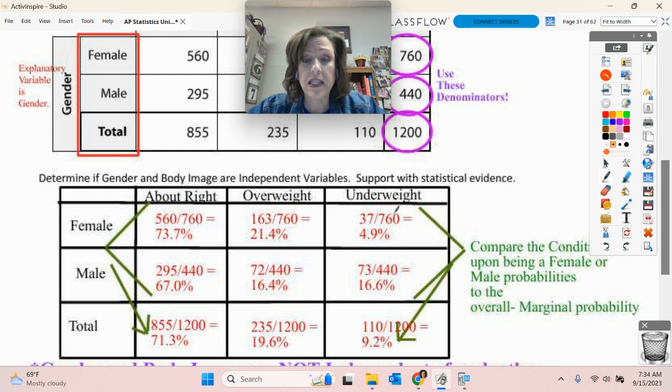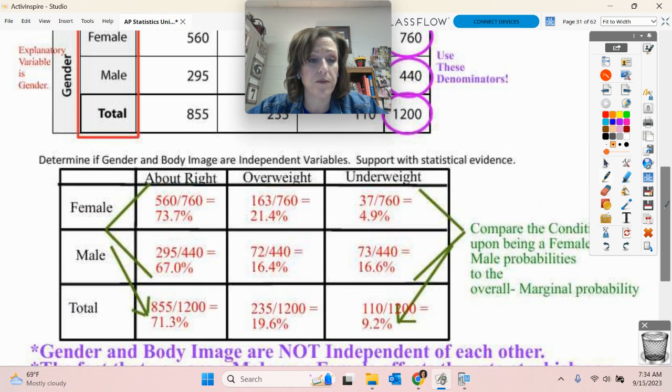Because I only have 2 things I'm comparing, I actually can compare females to males. But remember that if there were more categories in this explanatory variable, then we would want to compare it to the total, the marginal.